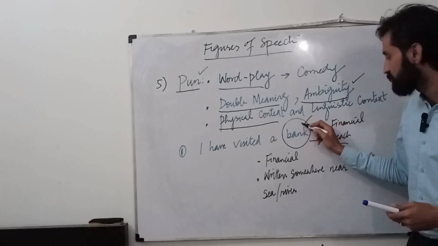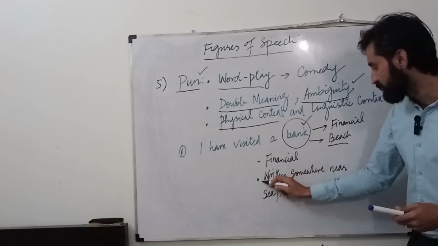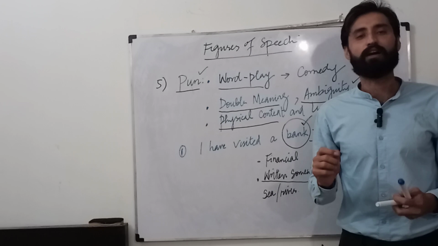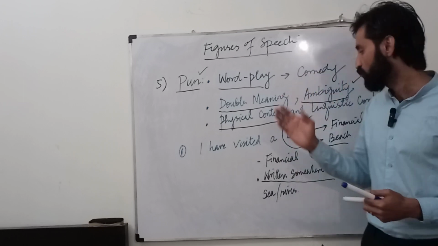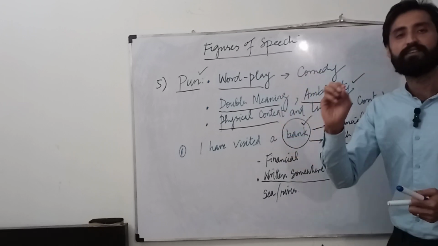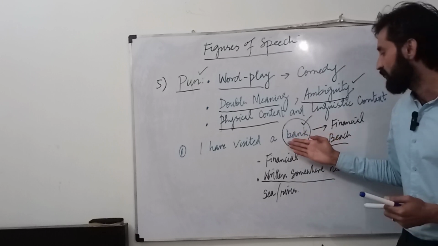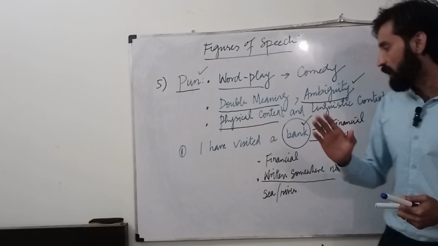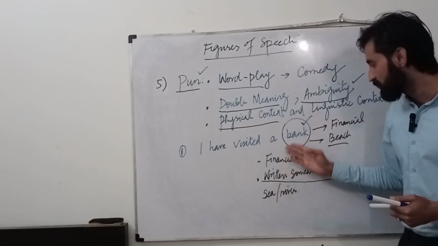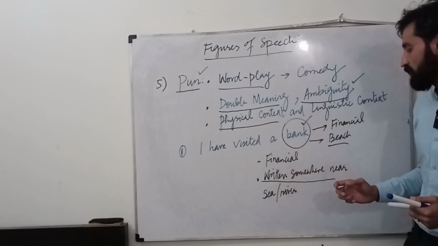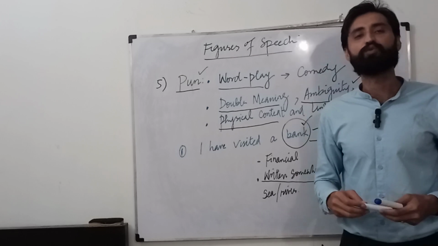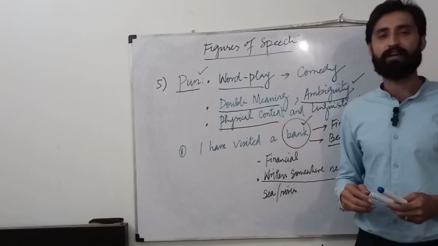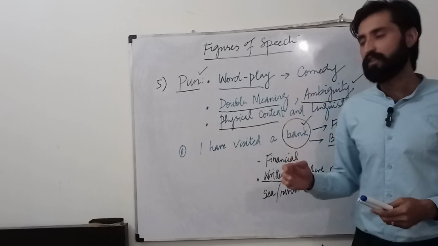Now let's talk about physical context. For example, if the term bank is written somewhere in the middle of a market on a building, we can only expect a financial bank there. Or if the term bank is written somewhere near the sea or river, we can say that we're talking about a river bank or somewhere near the beach.